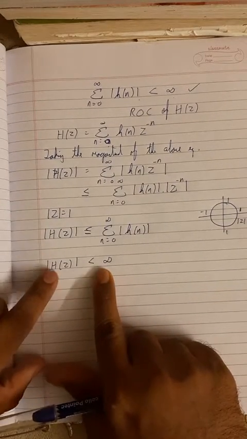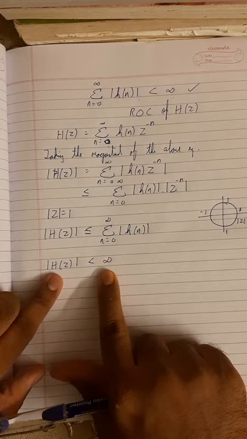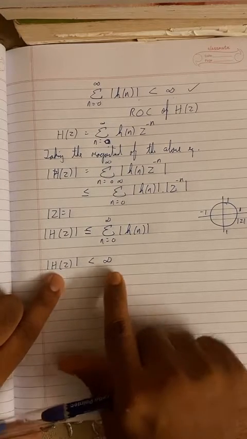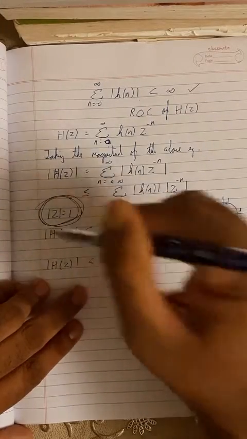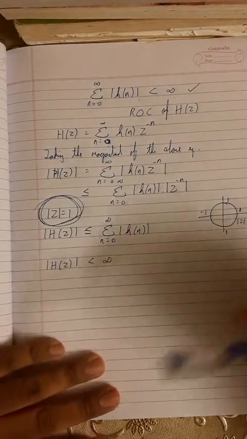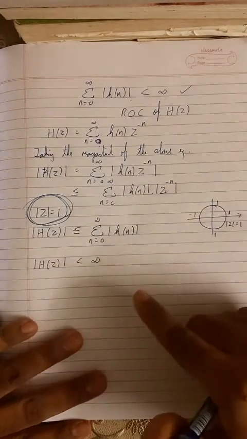This is how we can tell whether the system is stable or not. If the region of convergence includes the magnitude of z equal to 1, then I can tell that the system is stable.